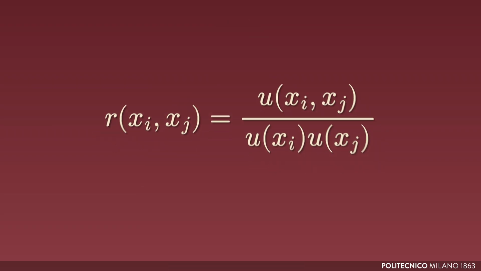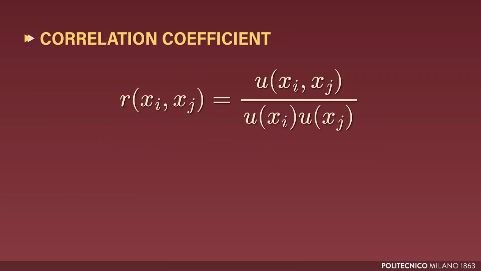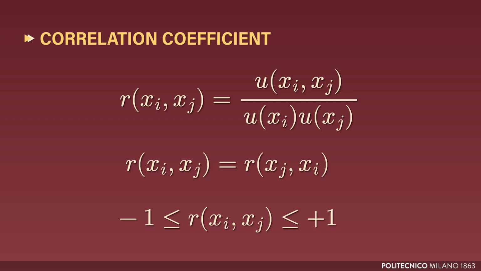In this way, we obtain the correlation coefficient r, which, due to the properties of the covariance, is symmetric and ranges between −1 and +1.